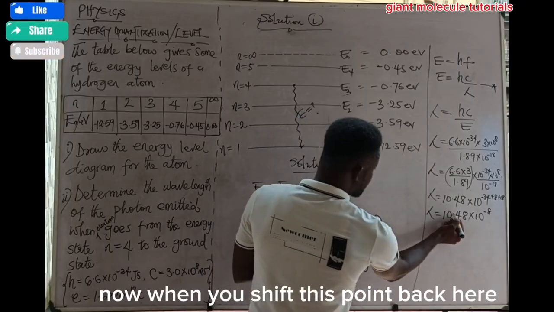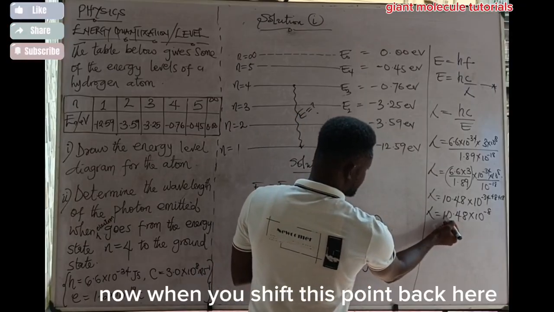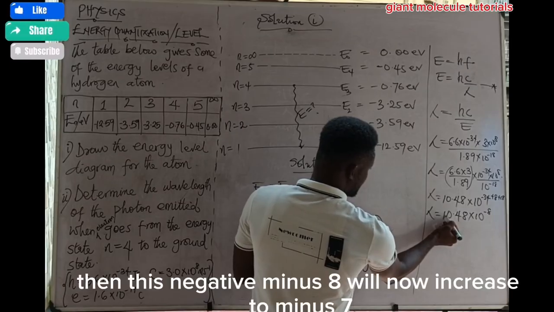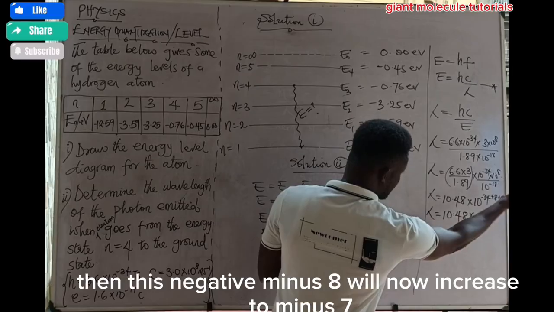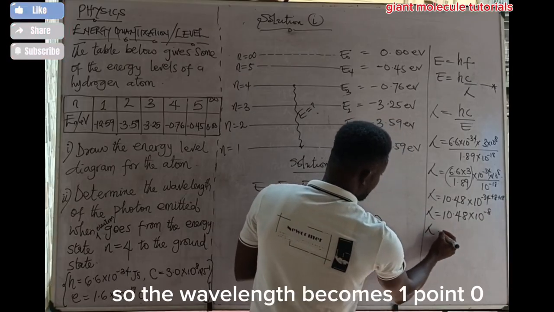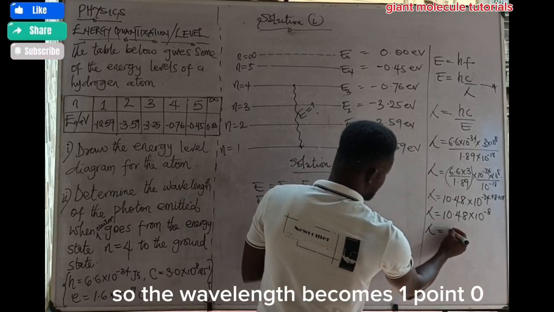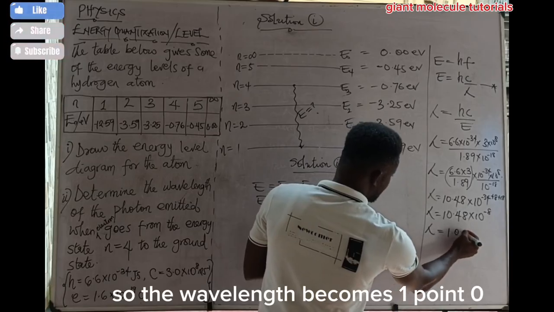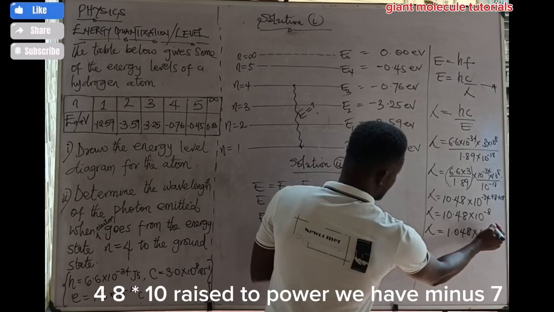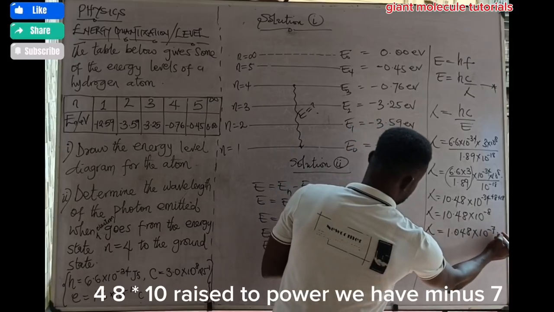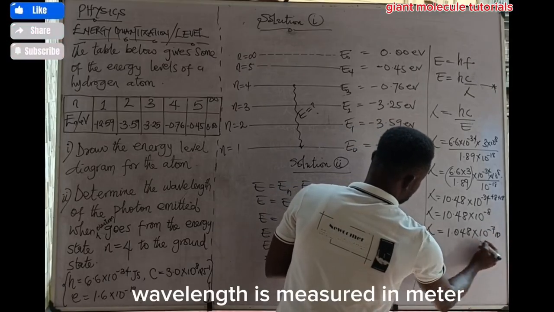Now, when you shift the decimal point back here, the minus 8 will increase to minus 7. So the wavelength becomes 1.048 times 10 raised to the power minus 7. Wavelength is measured in meters.